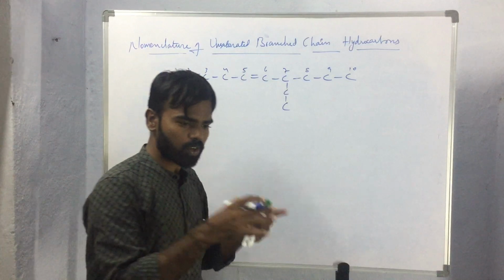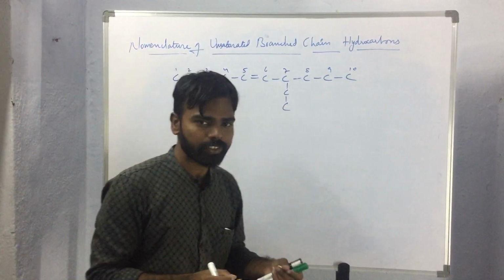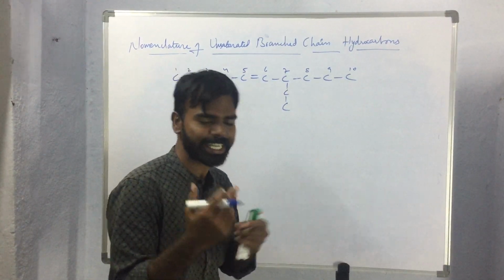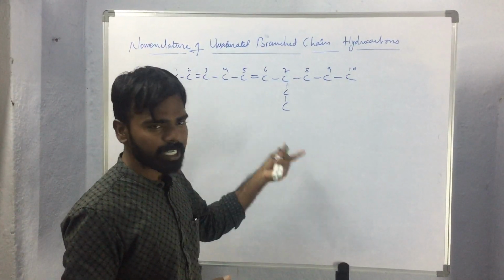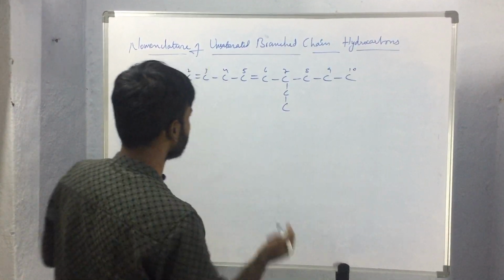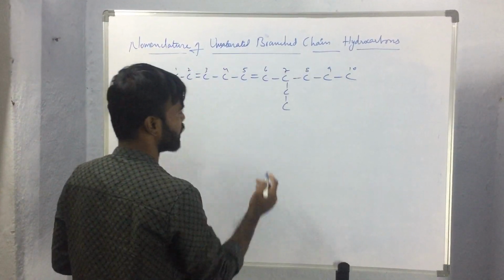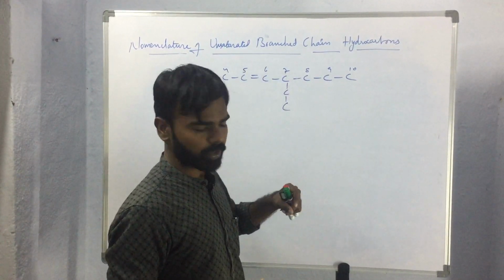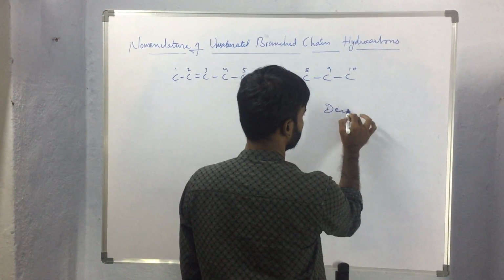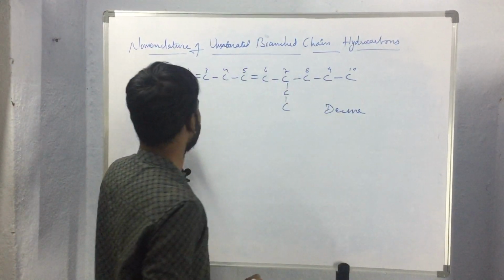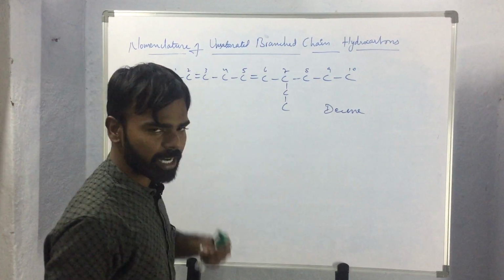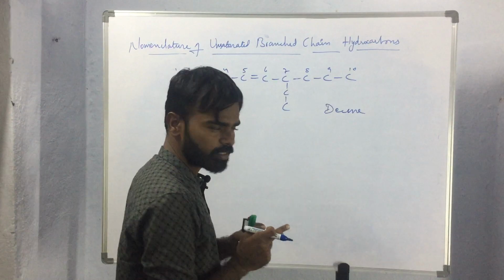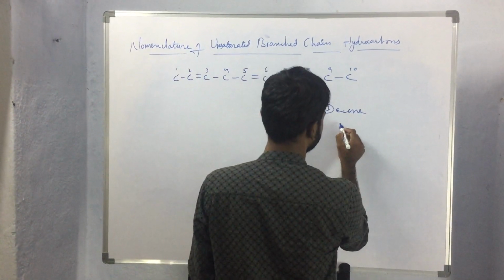As we saw in the case of unsaturated straight chain hydrocarbons, how we gave numbering, the same thing will be applicable here also. So here initially we have to identify the parent chain. In this case also the parent chain will be decene, and the second and fifth carbon atoms are having unsaturations, and both are the same unsaturations, so diene.